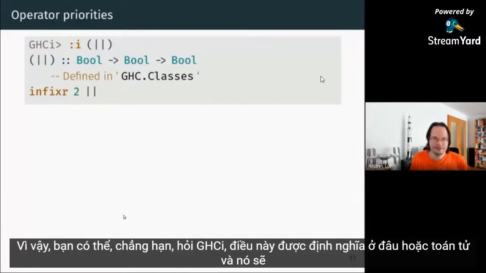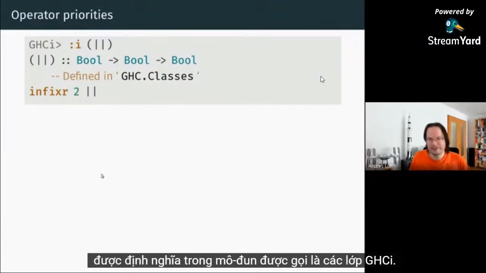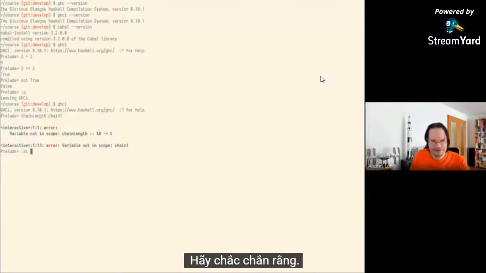So you can, for example, ask GHCi, where is this OR operator defined? And it will tell you again, OR is of type Bool to Bool to Bool. It'll tell you it is originally defined in a module called GHC.Classes. Actually, I'm not sure whether that is still true. That may be outdated. Let's just make sure. So it is still true.